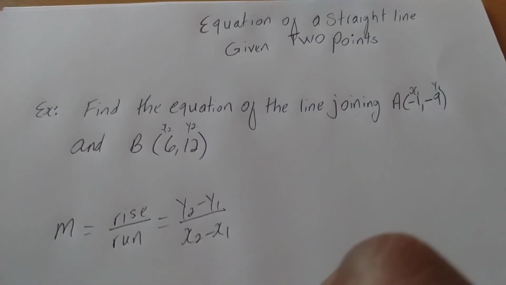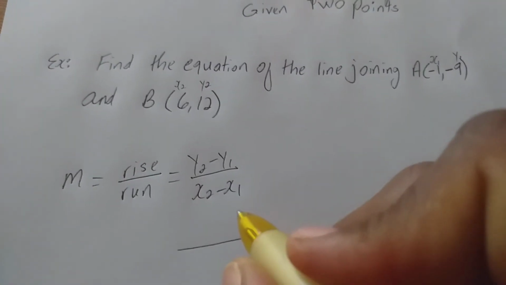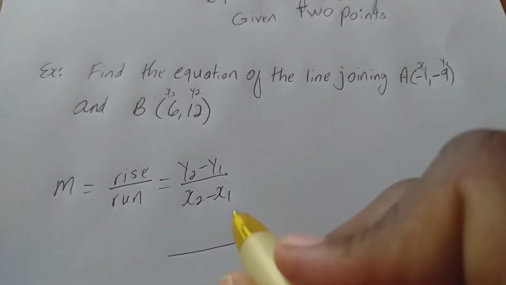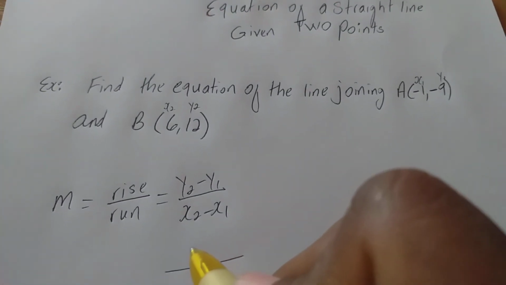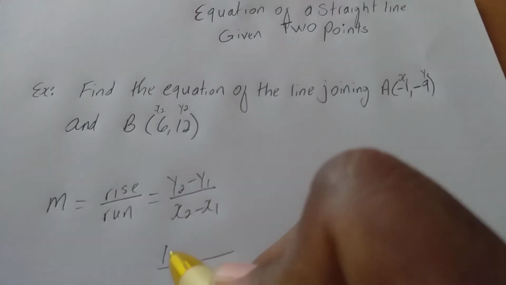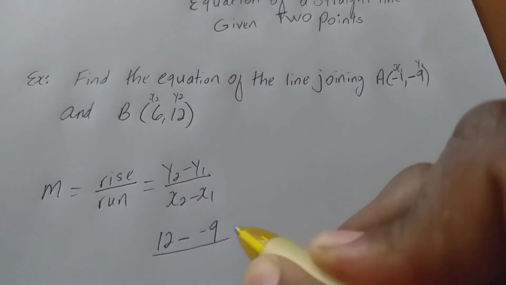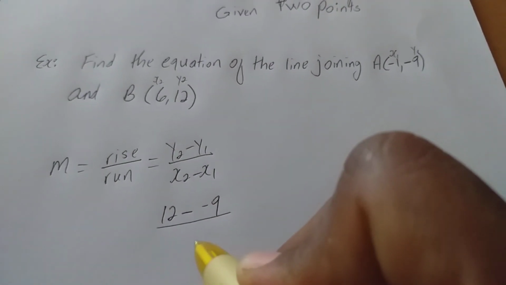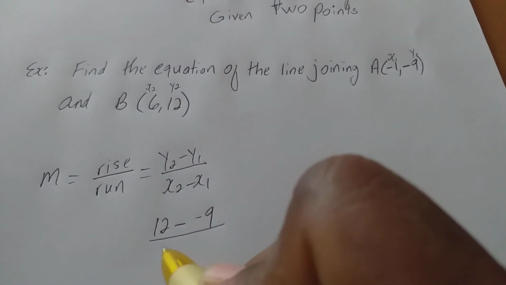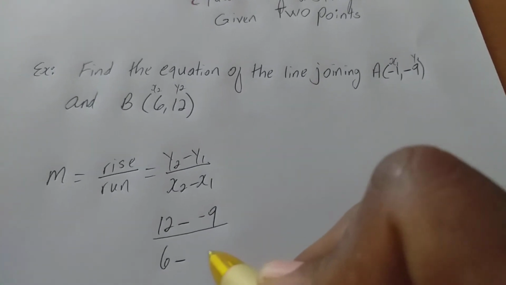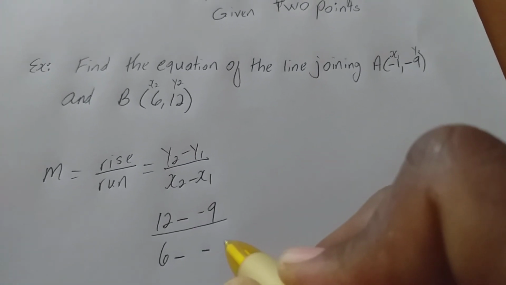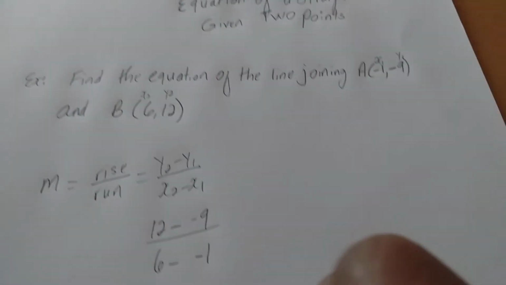To find our gradient, we are going to substitute our values into the equation for the gradient. So it is going to be y2, which is 12, minus y1, which is -9. And this is over x2, which is 6, minus x1, which is -1.